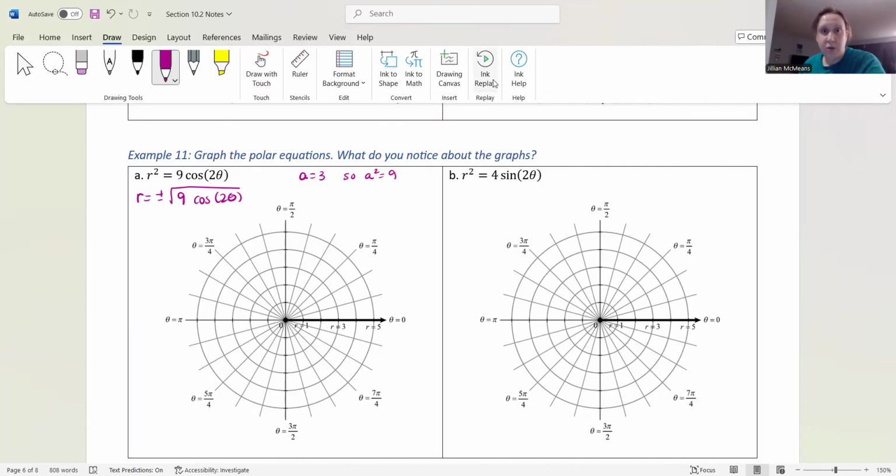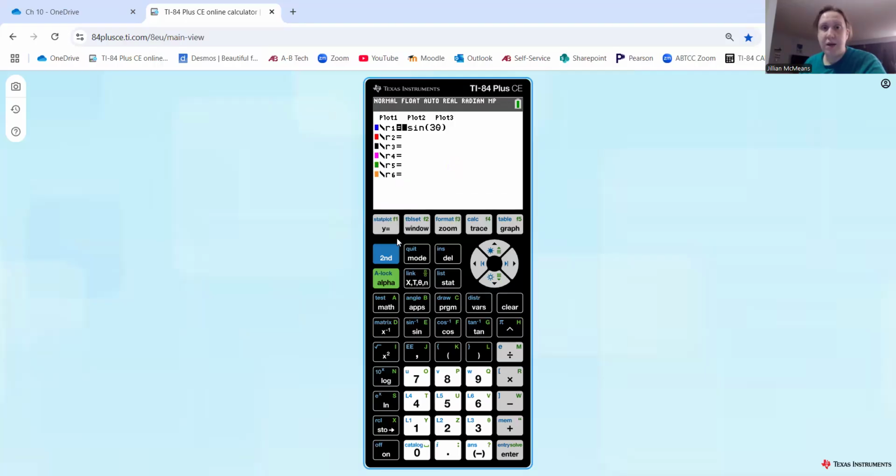My old graph is still up, so let's go to y equals. We can get rid of whatever's already in there. I need to type the positive square root, so second x squared, and then 9 cosine 2 theta. And then for R2, we need to type in negative. Make sure you do the negative, not minus. This button down here beside enter.